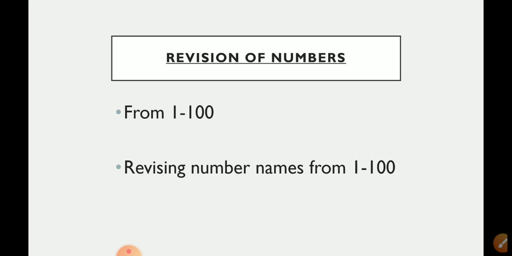So that is called number names. That you need to revise or recall from 1 to 100. Based on revision of numbers in number format and the number names format from 1 to 100, you need to have the revision, and also I'll be giving the worksheets on the same topic.